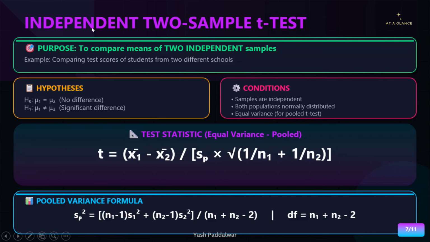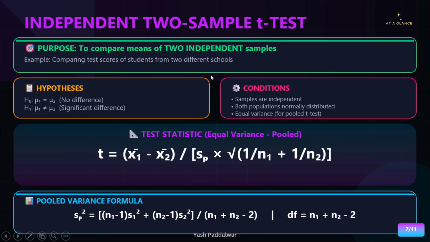Now let's have a look at the independent two sample t-test. As we know, in the independent two sample t-test, we simply see whether there is a significant difference between the mean of one sample and the mean of another sample. For example, comparing the test scores of students from two different schools.